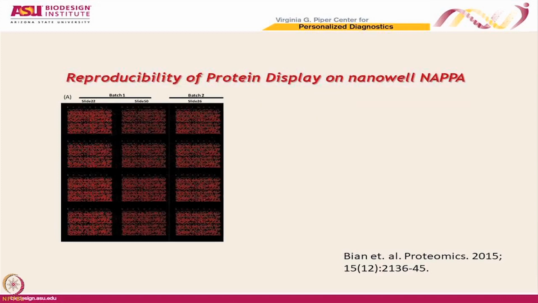This is just to kind of assure you that we can print these arrays very reproducibly, because that's one of the things that you want to be able to do. So I don't know if you can see this in this light, but this is a single slide array that has 4 subarrays on it. Each of these subarrays contains 4,000 different spots. So we have 4,000, 4,000, so a total of 16,000 spots on this slide.